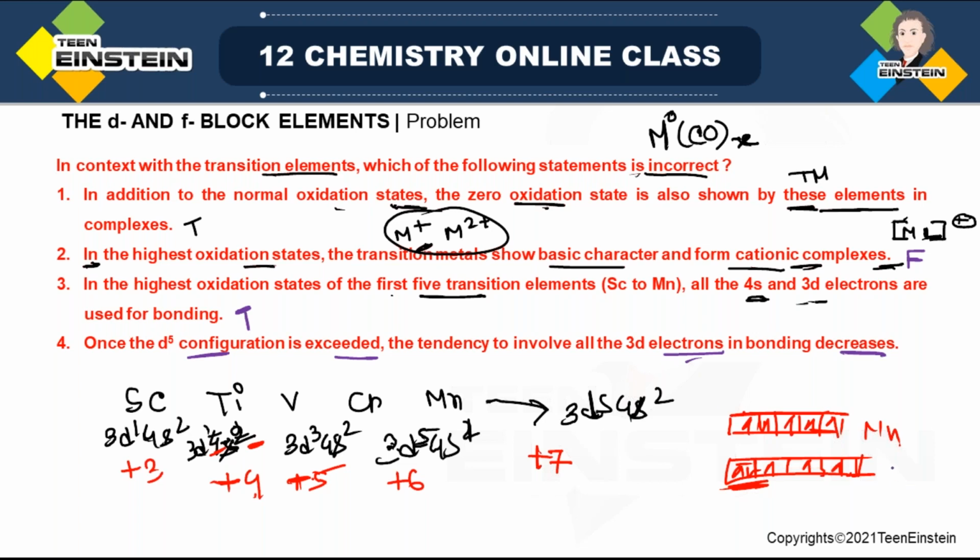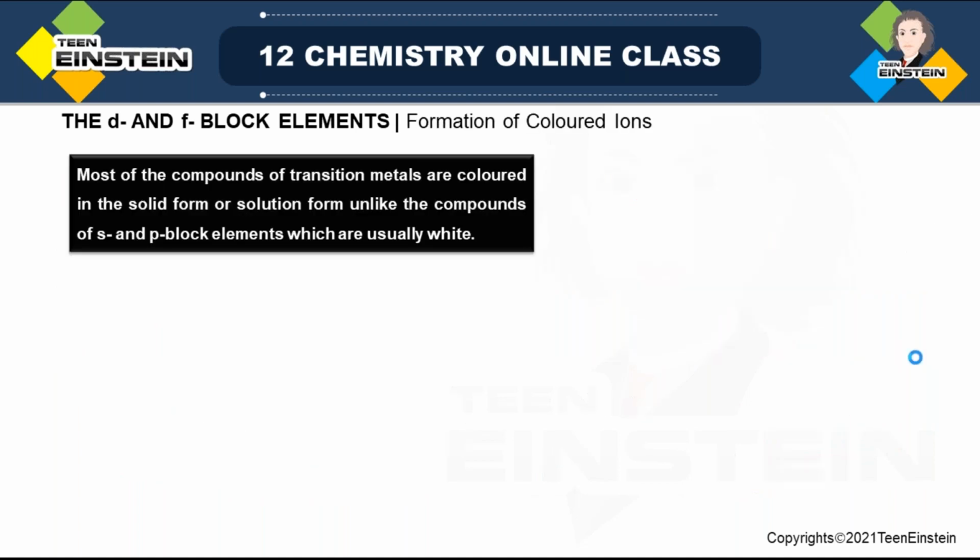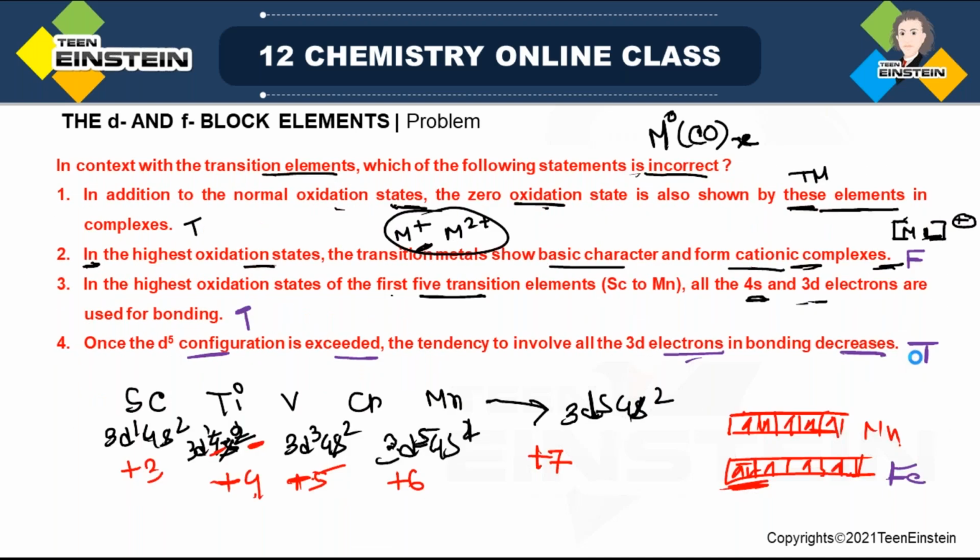Just see the example I have given for iron. Now you cannot remove all the electrons. So this statement is also correct. So the incorrect statement is, sorry, it is the second option. Okay, any doubt?